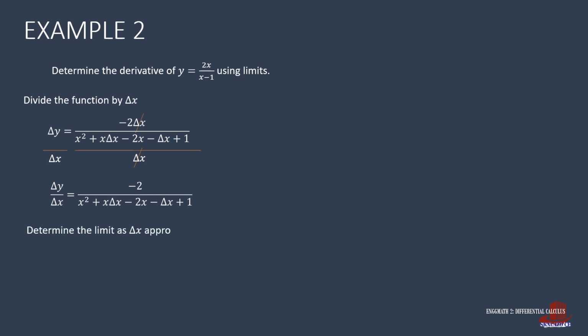Now take the limit of the function as delta x approaches 0, and this will cancel out x delta x and negative delta x in the denominator. So dy over dx is negative 2 over x squared minus 2x plus 1. Check out that the denominator can also be compressed into the square of x minus 1.